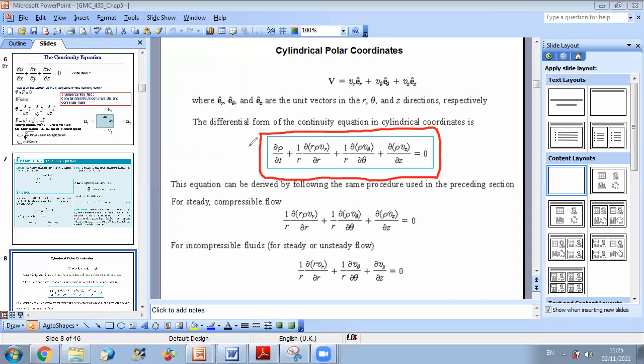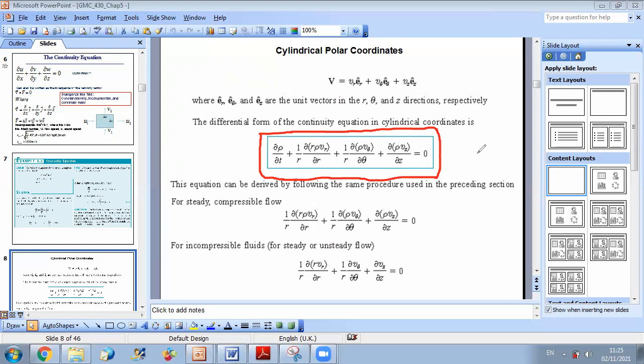After simplification, we get the following. So the general relation for compressible and incompressible flows is del rho by del t plus 1 over r del of r rho V_r by del r plus 1 over r del rho V theta by del theta plus del rho V_z by del z equals 0.